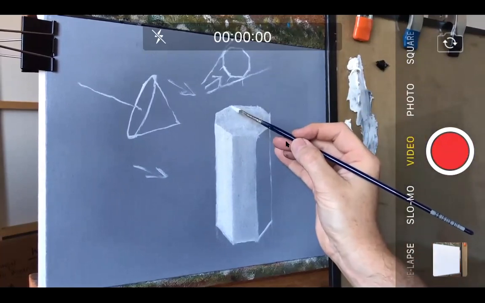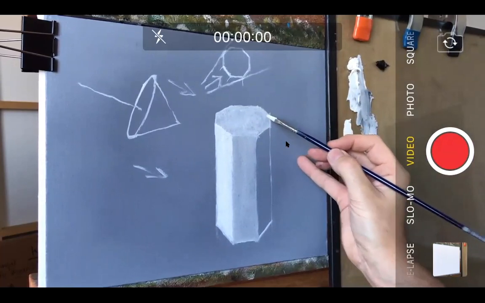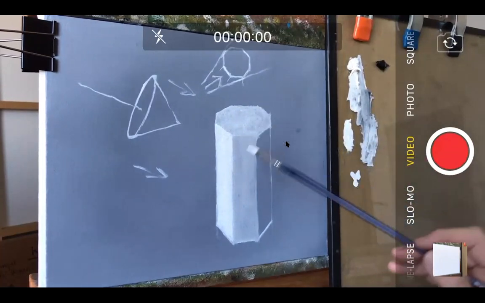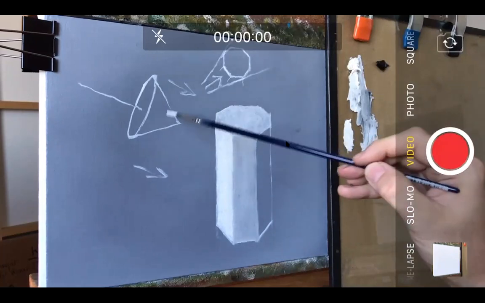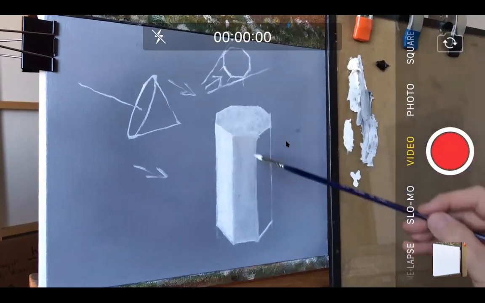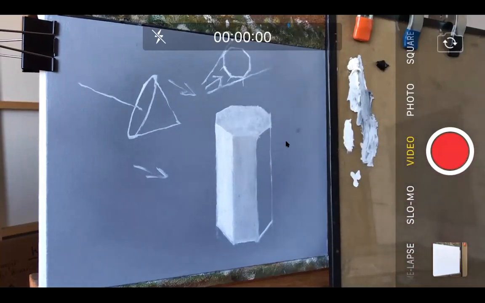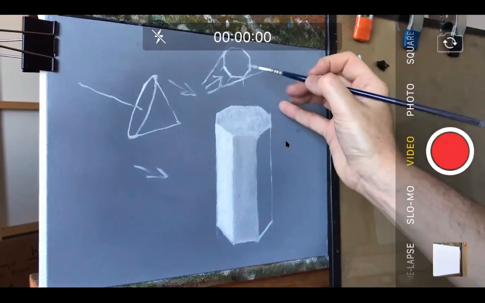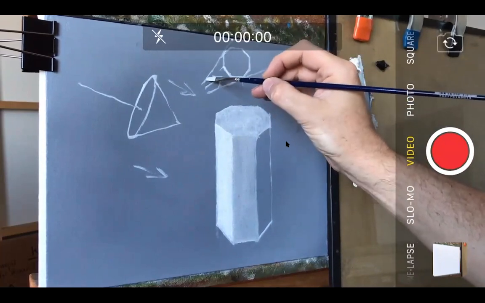So we see different degrees of light on an object depending on how directly the plane of the object is facing the source of light. This plane, which is directly facing the light source, is going to be more strongly illuminated. This is going to be less illuminated. This top plane is a little bit less illuminated than this plane as well. And as we can see by this diagram, the light is coming from the left, and you can follow the rays.